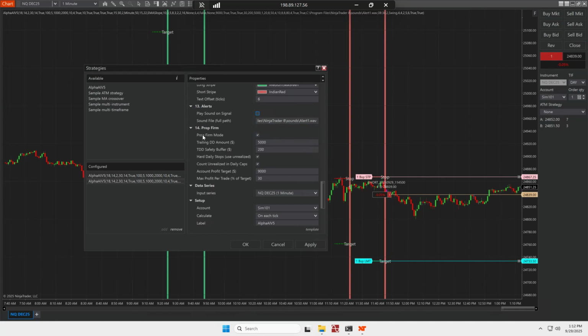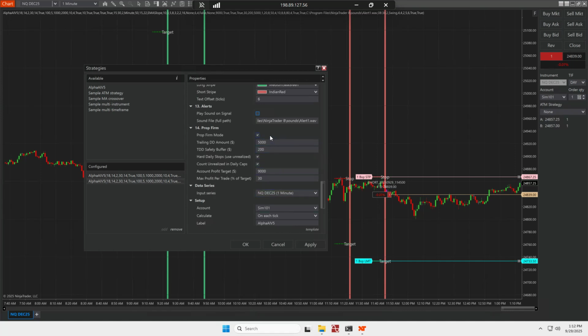Now, the funny stuff, and I'm very proud we did this, is the prop firm mode. When you check it on, which in this scenario is on already, all you need to do is, whatever account size you use, we suggest using this template with the 150K account. It's very good with this specific account.